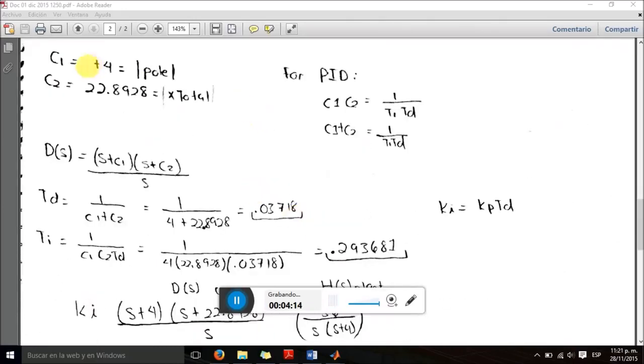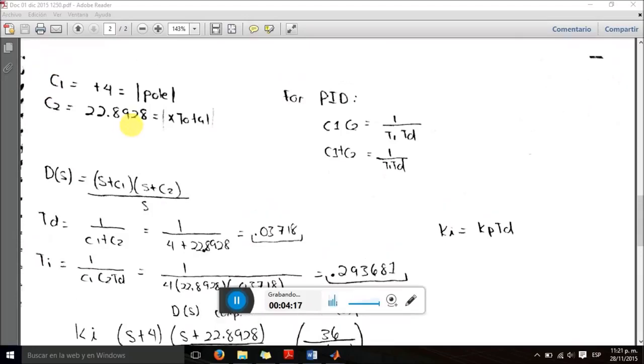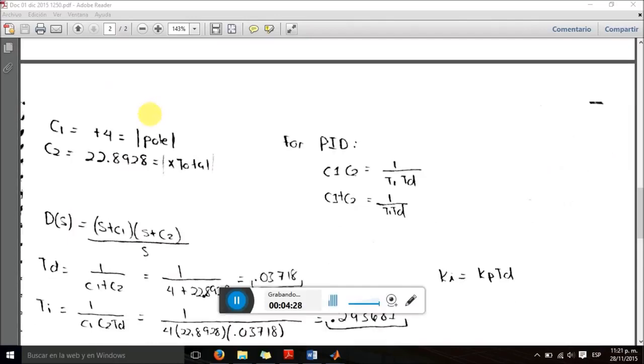Then for the PID compensator, we know that we have some constant that is the absolute value of the pole of the distance in which was the first pole, and another constant that is the total distance from the origin to the new 0. So for calculating Ti and Td, we have this multiplication of the constants and this summation of the constant.